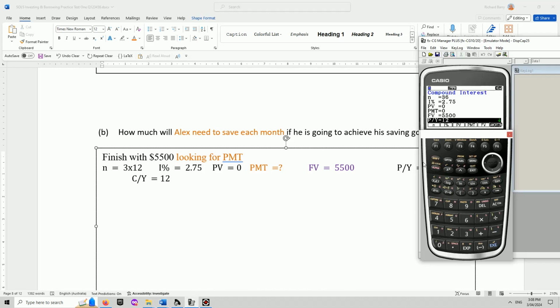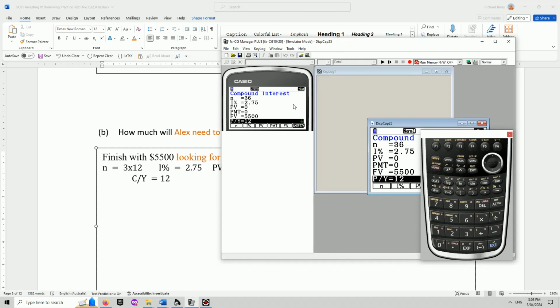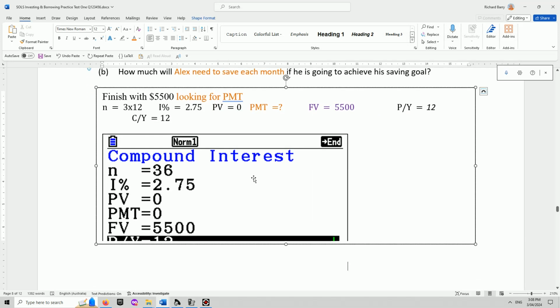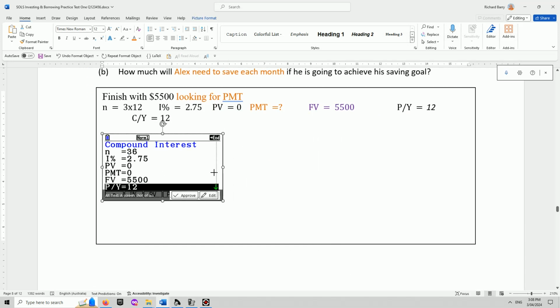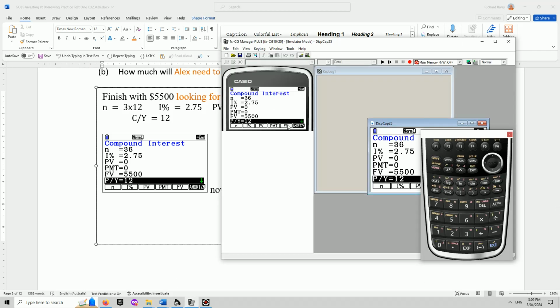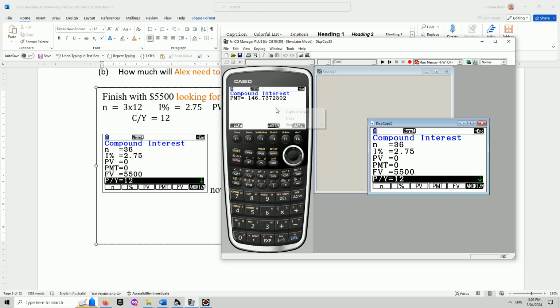Let's try that again. Let's bring the calculator onto the screen. Copy. Press F4 to find payment. Calculator, come on. F4.